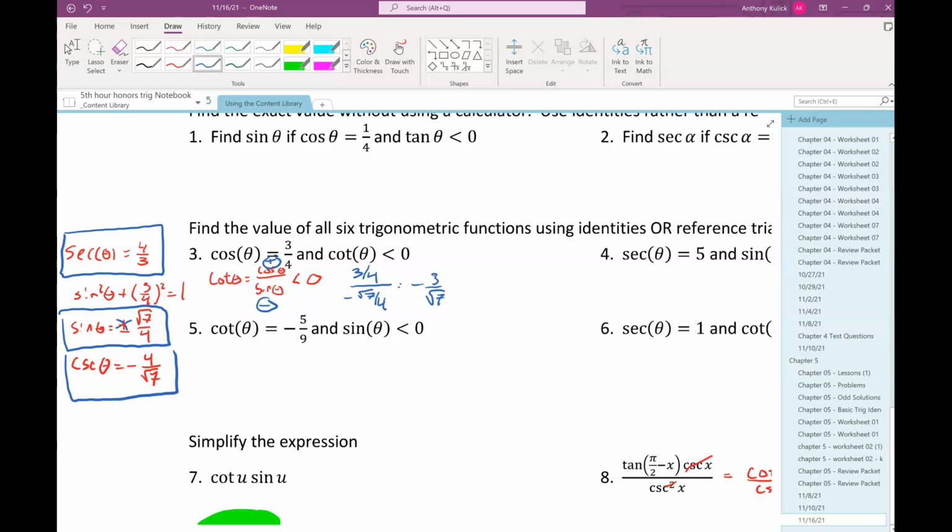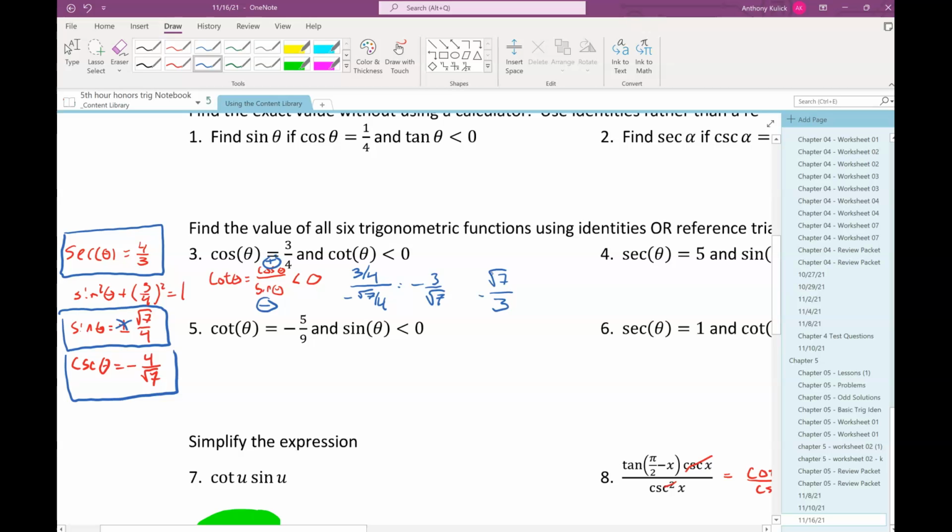Should rationalize that denominator. I'll leave that part to you. And then tangent should be its reciprocal. So negative root 7 over 3. And that's that. Does that feel okay, Mia? Sure.